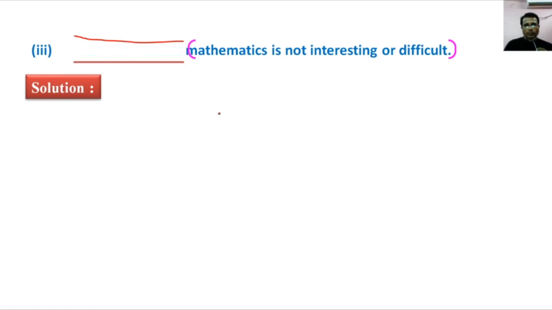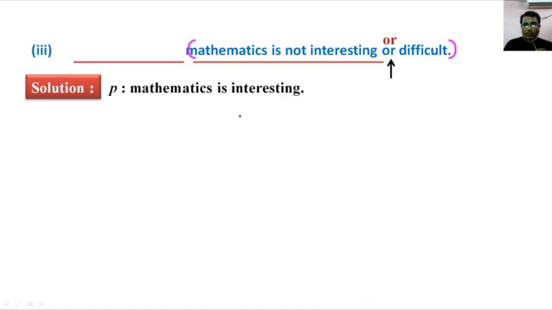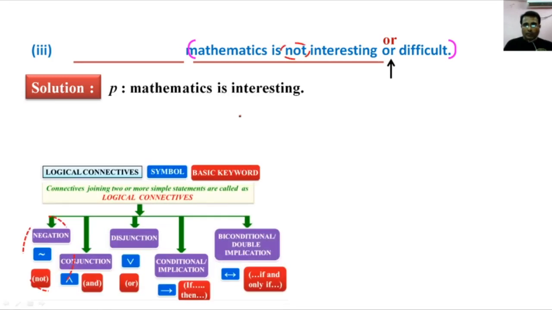Meanwhile, if you consider here, mathematics is interesting or difficult, so or is used as a connective. Mathematics is interesting, that is your statement P, but not is coming, and therefore for not we have to consider negation.